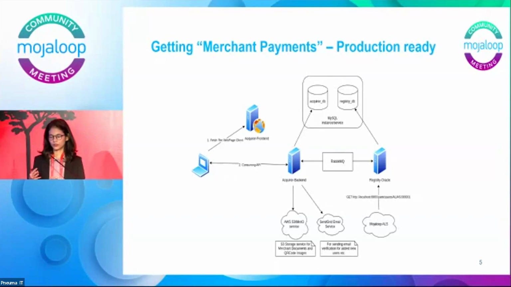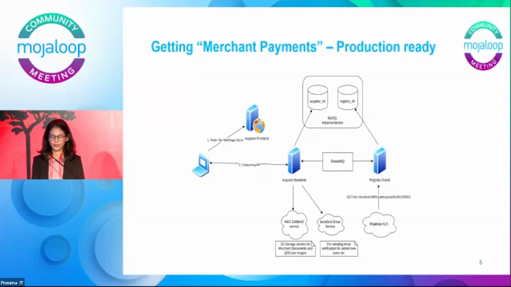So after all those alias information has been passed through the oracle, we generate the QR code based on the EMV code standard. In the EMV code standard, there are some mandatory fields that have to be added in order to encode the merchant information.